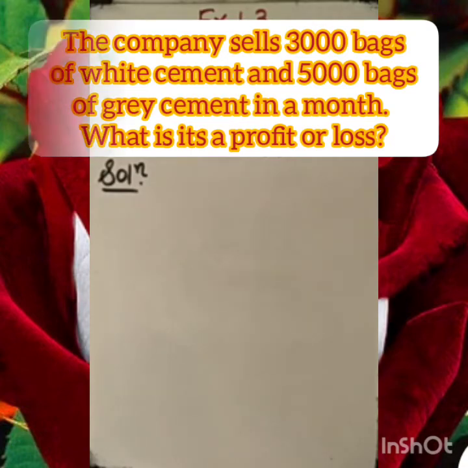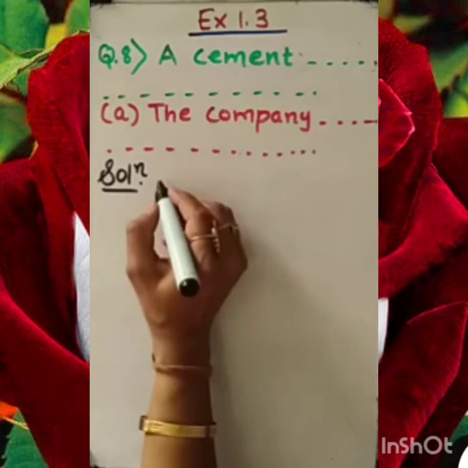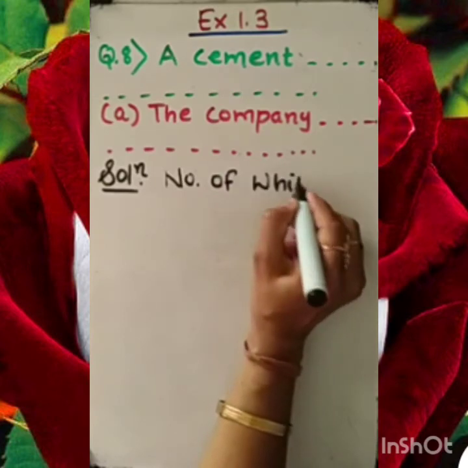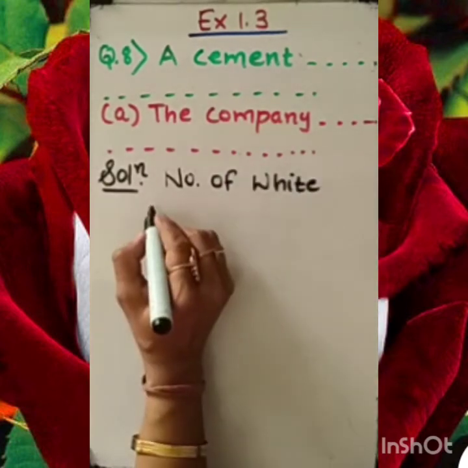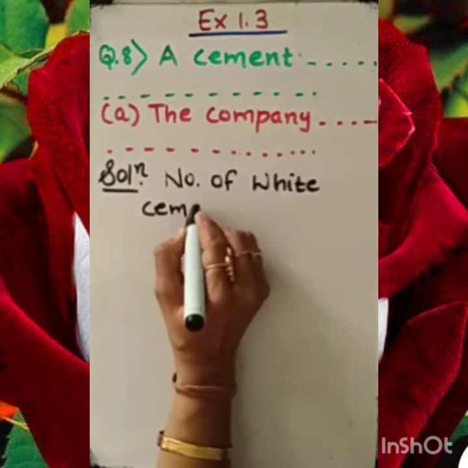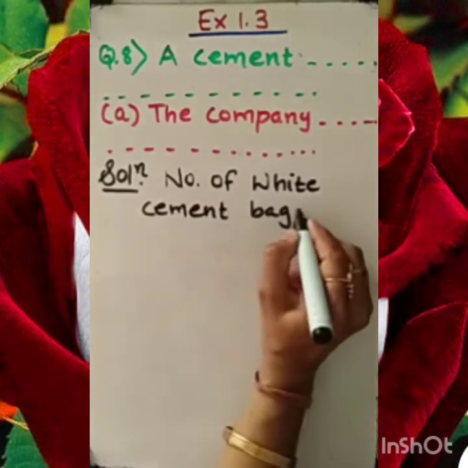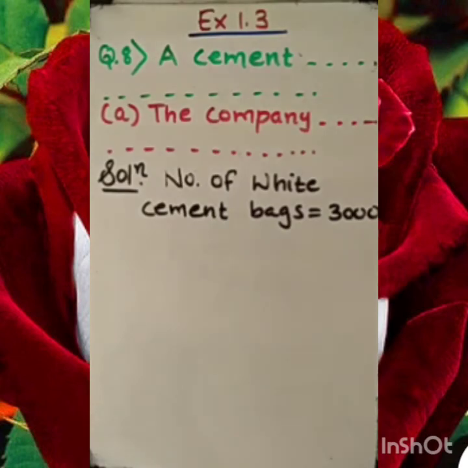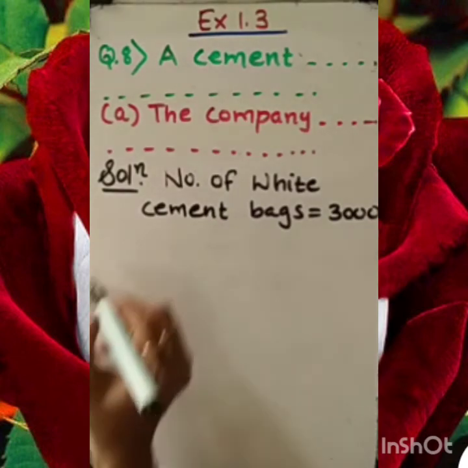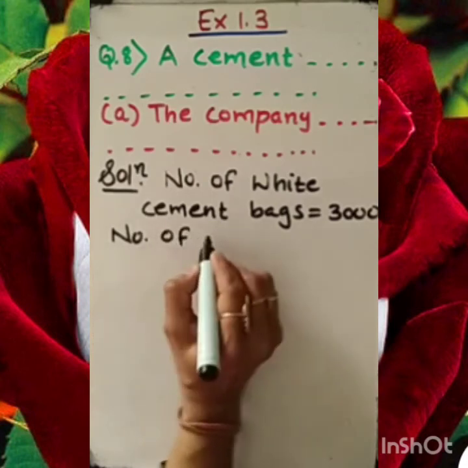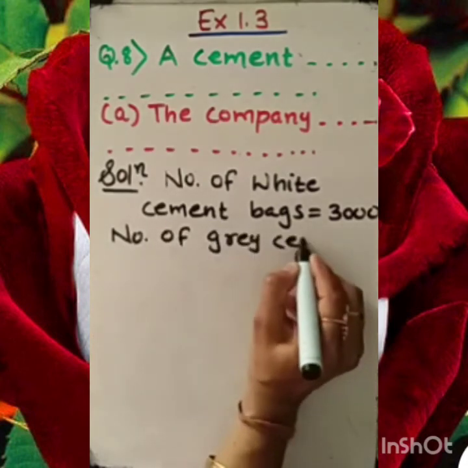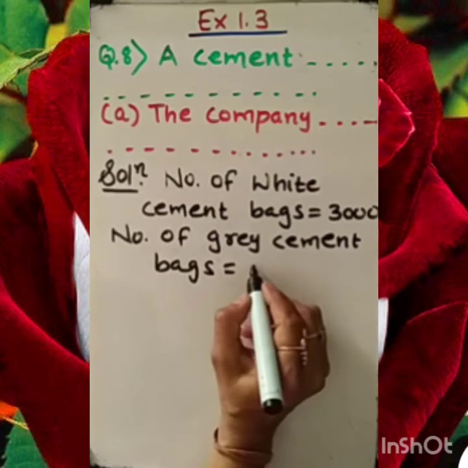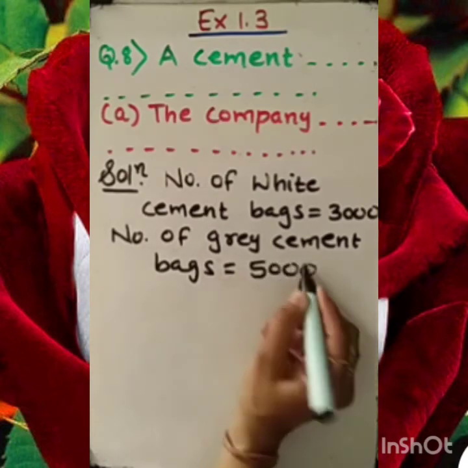First of all, the number of white cement bags is given, that is 3,000, and the number of bags of grey cement, that is 5,000.